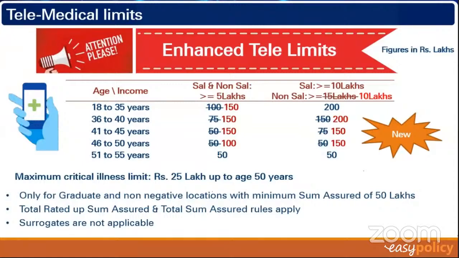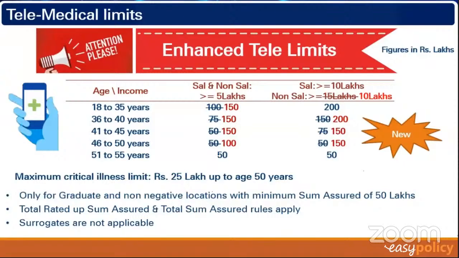Let's take the first example, 18 to 35 years of age. If the age of a customer is between 18 and 35, why 18 to 35? Below 18, term insurance is not given because legally it is not permitted on a person below 18 years of age.